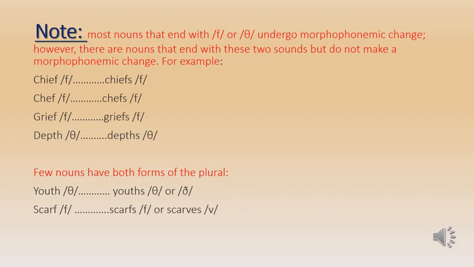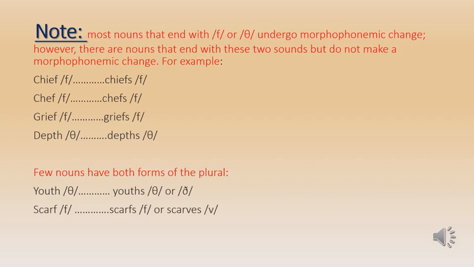Scarf also has two forms of plural. Either the regular plural, so we have scarfs without changing f into another sound. We simply add the s plural, so it is scarfs. Or scarves, after changing f into v, and then we pronounce the word as scarves.